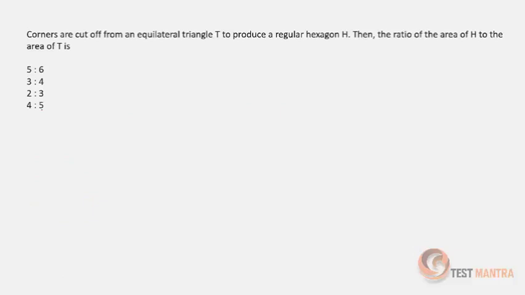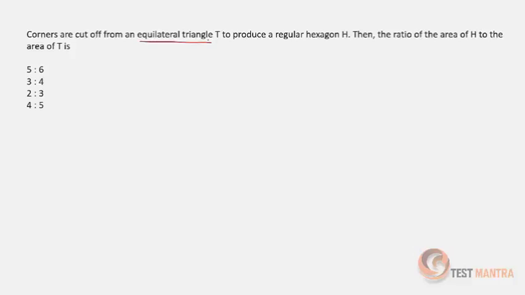So next is a question which is based on geometry. Corners are cut off from an equilateral triangle T to produce a regular hexagon H. Then the ratio of the area of H to the area of T, so hexagon by triangle.